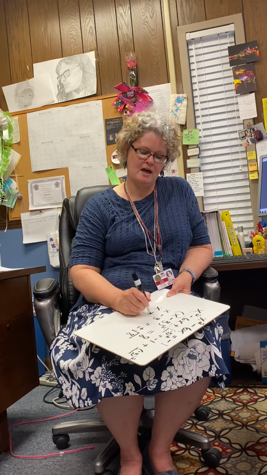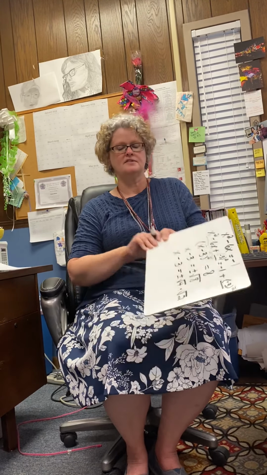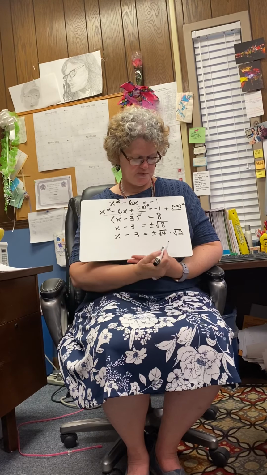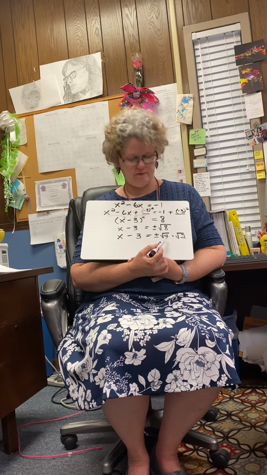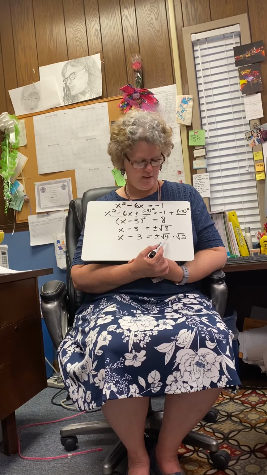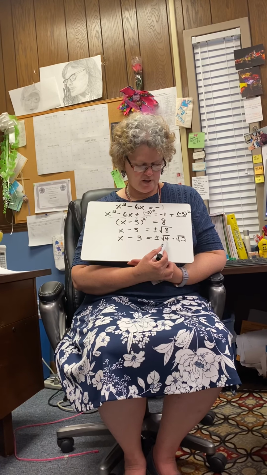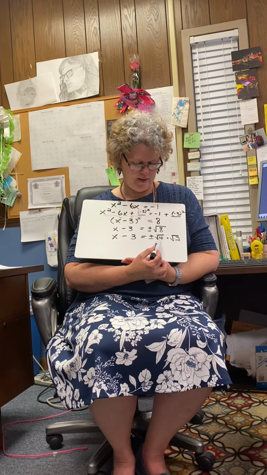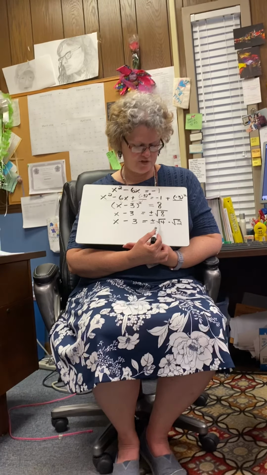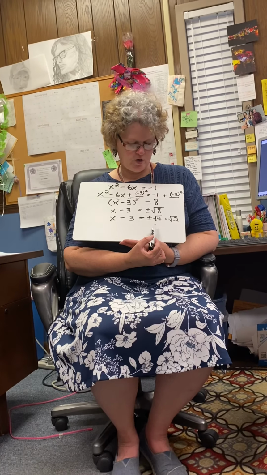So now we have x minus 3 is equal to the plus or minus of the square root of 4 times the square root of 2. The reason that we do that is because we can find the square root of 4, which is 2. So we're going to apply this square root to the 4, and we won't have a square root symbol, we'll just have a 2. So this side will become 2 times the square root of 2.